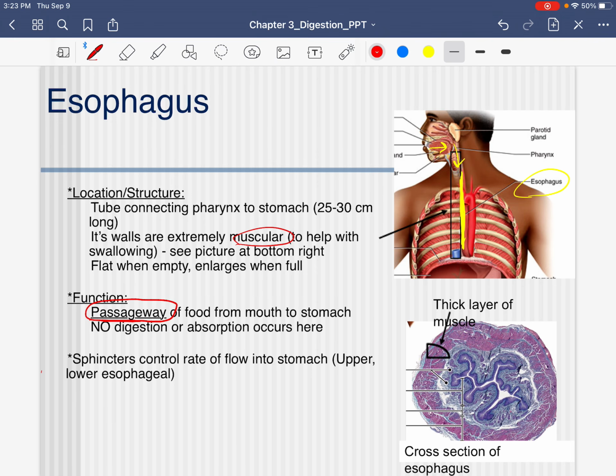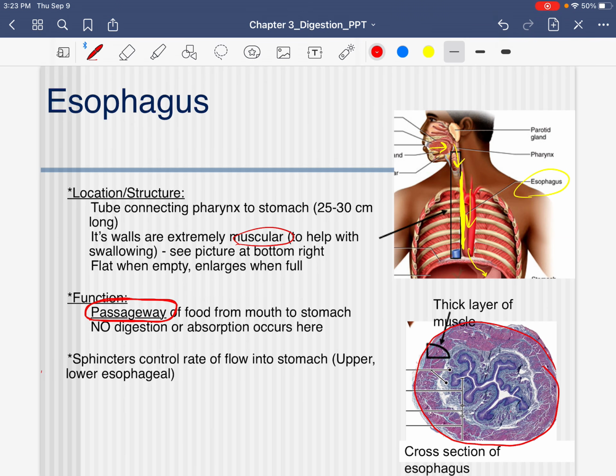Similar to the pharynx, the function of the esophagus is to act as a passageway for food. There's no digestion occurring here. It's just a passageway for food, and it moves down pretty quickly. This esophagus is going to lead right into the stomach.